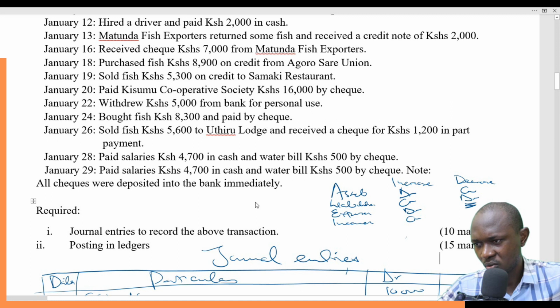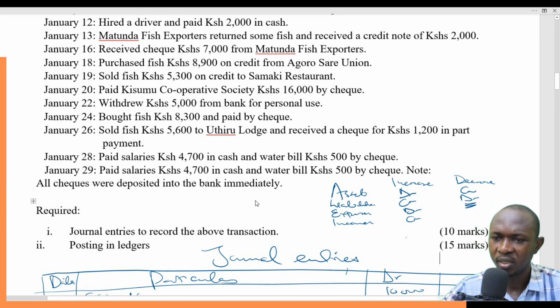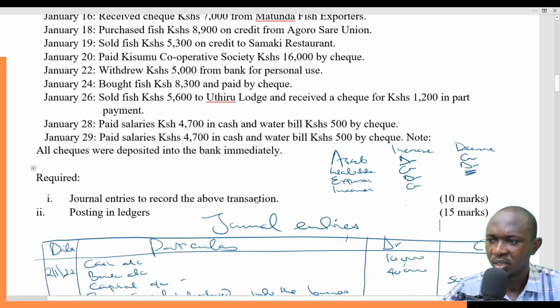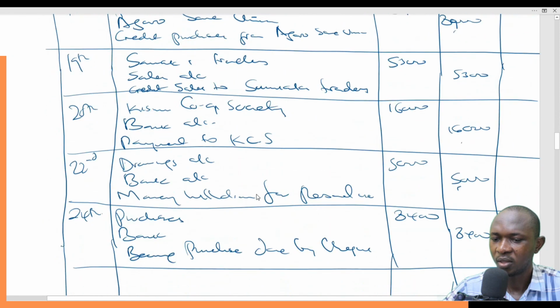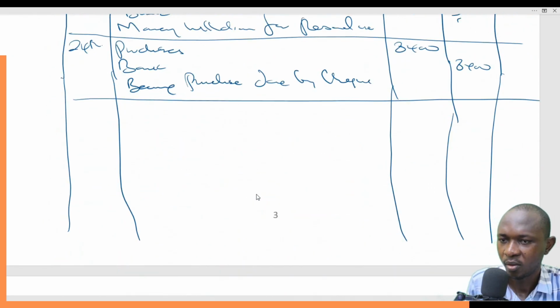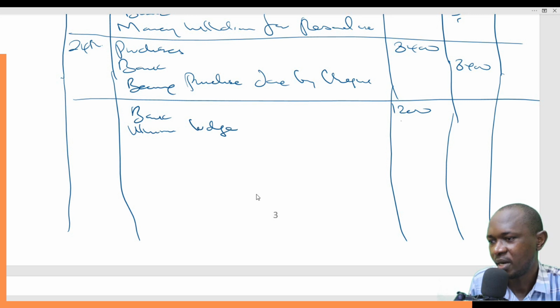So we'll simply come here and say the bank received 1,200. Bank received 1,200. Uthiru Lodge became a debtor to the extent of 4,400, and then the sales were totaled to 5,600.